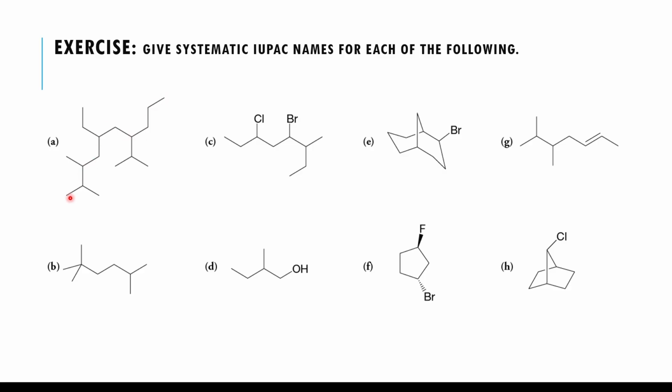And as you remember, we have to start from the end nearer to the first branching point. So we have to start from this side because the first branching occurs at the second position, but at the other side, the first branching starts at the fourth position. So for that reason, we have to start from this left side.